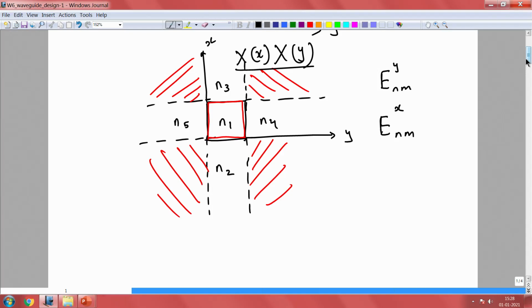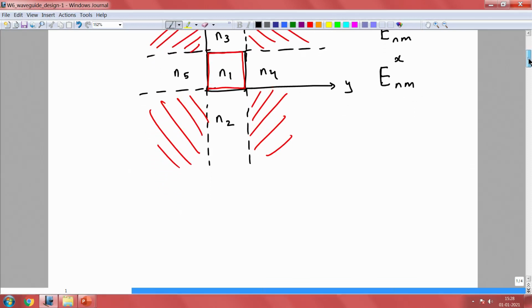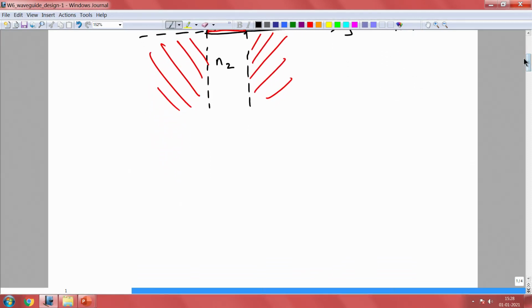In order to solve for this, you need to formulate a boundary value problem. This is reasonably straightforward to do, the formulation at least.